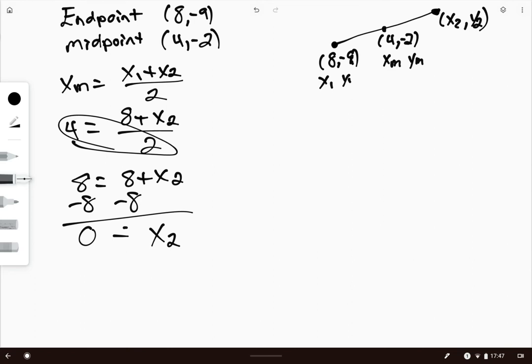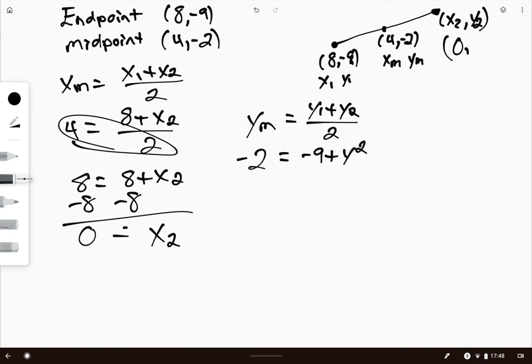So I know up here that my x value is going to be 0. Then again, I take ym. So my ym in this particular situation is negative 2, because that's the midpoint. y1 is negative 9 plus y2, which is what I'm looking for. All of that divided by 2.